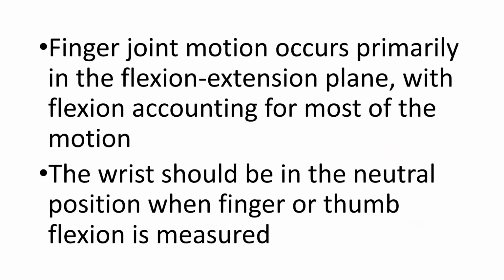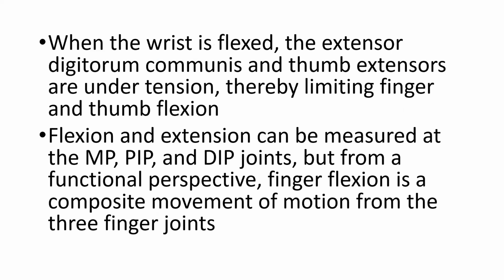Finger joint motion occurs primarily in the flexion-extension plane, with flexion accounting for most of the motion. The wrist should be in neutral position when the finger or thumb flexion is measured. When the wrist is flexed, the extensor digitorum communis and thumb extensors are under tension, thereby limiting finger and thumb flexion.